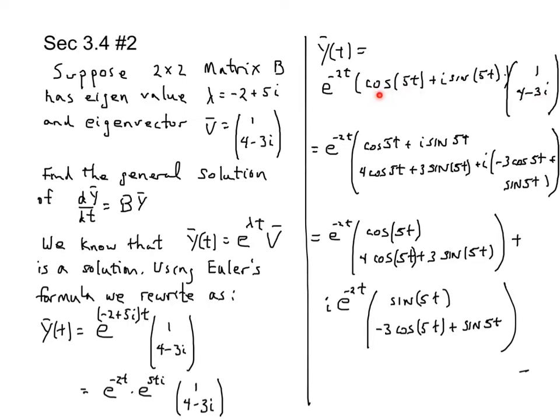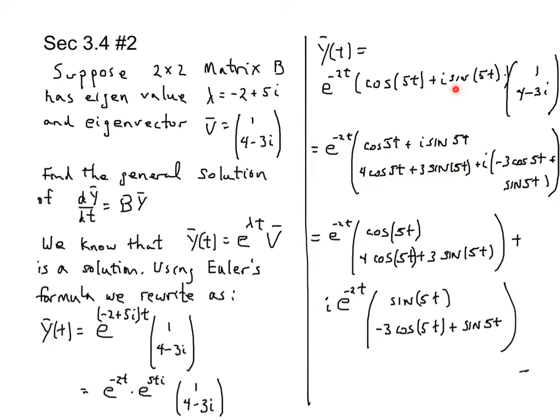So we're going to multiply the cosine times the 4 to get a 4 cosine 5t. When we multiply the i sine times this imaginary part, we also get a real term. And since i times i is minus 1, we get a positive 3 sine 5t. My goal here is to organize the real components together and then group together the imaginary components. So this is our real part.